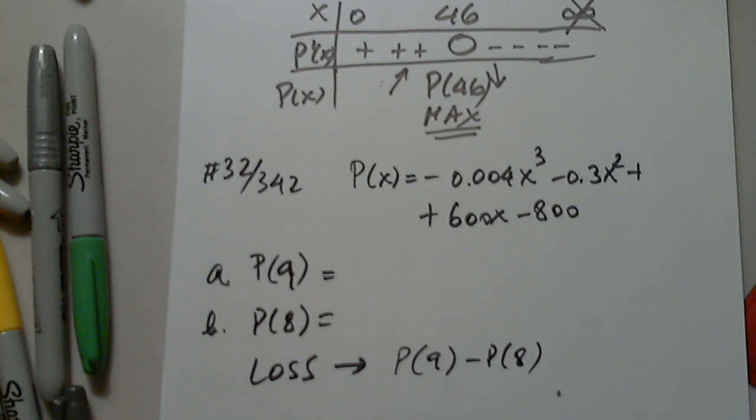So negative 0.004 x cubed minus 0.3 x squared plus 600 x minus 800.